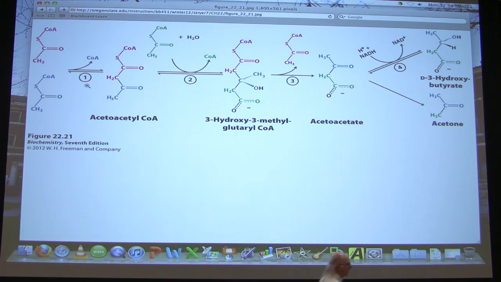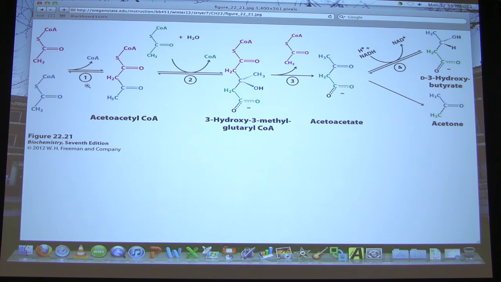It creates this molecule called acetyl-CoA. And that was actually what the last molecule looked like in fatty acid oxidation. A third set of 2 carbons is brought in with another CoA. And again, the CoA is split off, but the carbons are kept. And we create 3-hydroxy-3-methylglutaryl-CoA, or as we talked about it earlier, HMG-CoA.